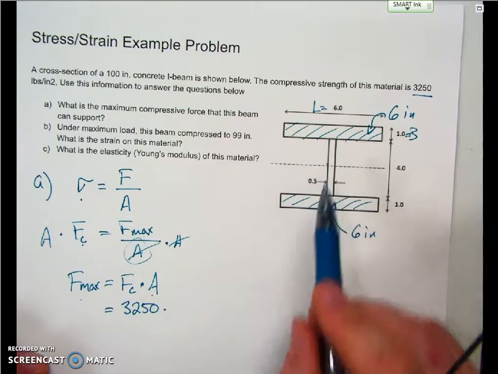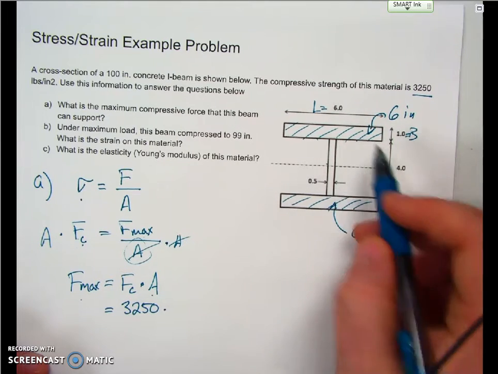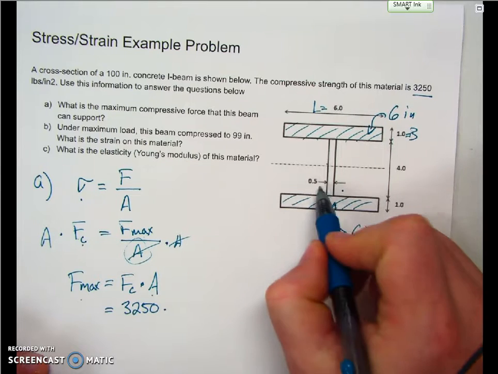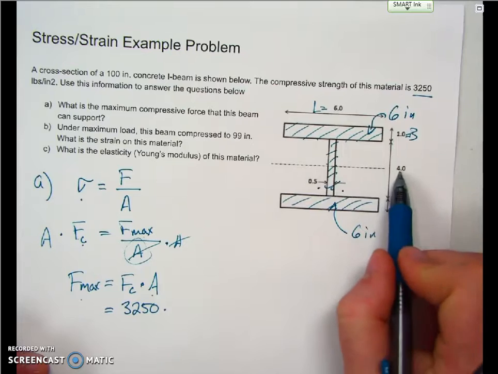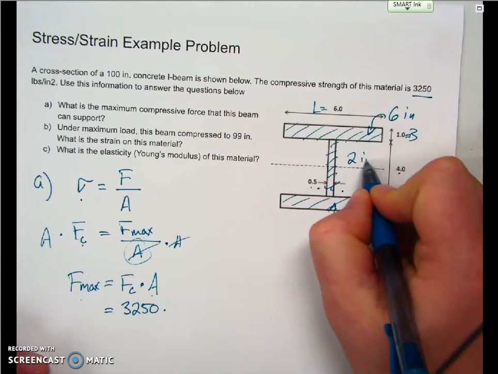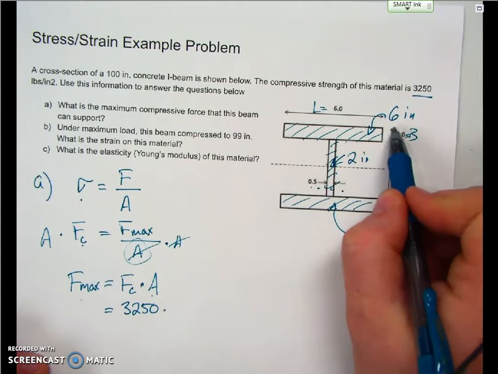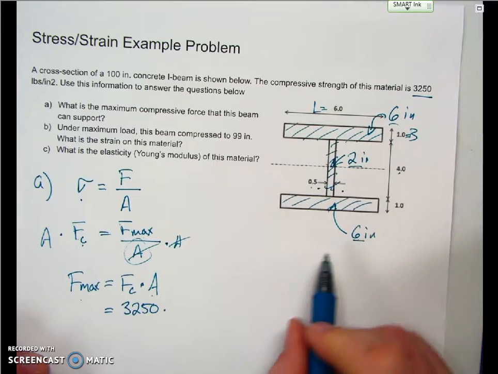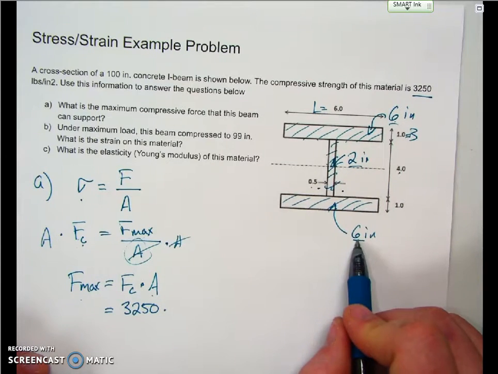And then I need to figure out the area of this center support. It looks like that's 4 inches long, ½ an inch wide. Again, doing length times width, 4 times 0.5 gives me an area of 2 square inches. If I want to find the total area of this I-beam, all I've got to do is add together my different areas. So 6 plus 2 is 8, plus 6 is 14.